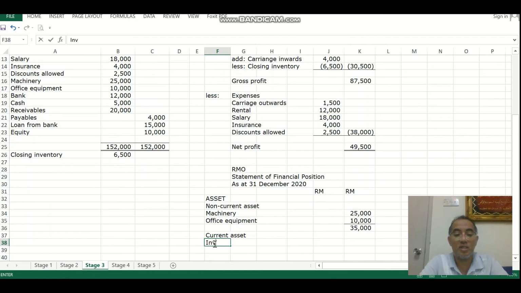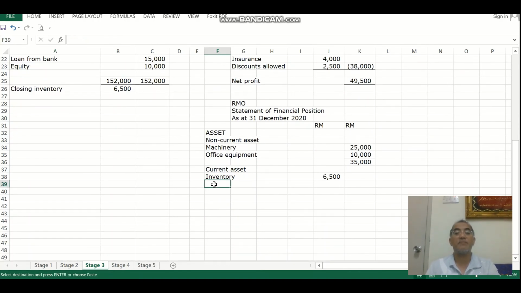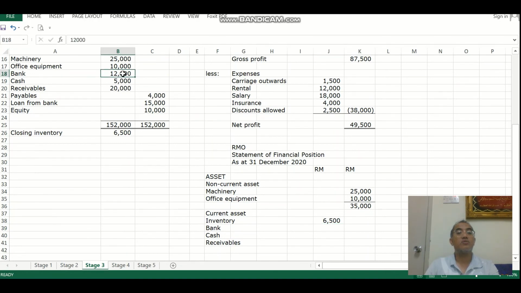So I just put here inventory 6,005, and then the rest starting from here, bank, cash and receivables are your current assets. So I just copy bank, cash and receivables because I'm very lazy to type. So I just paste it, and my bank is 12,000, cash is 5,000, receivables is 20,000.